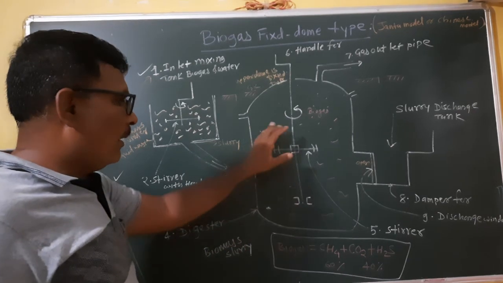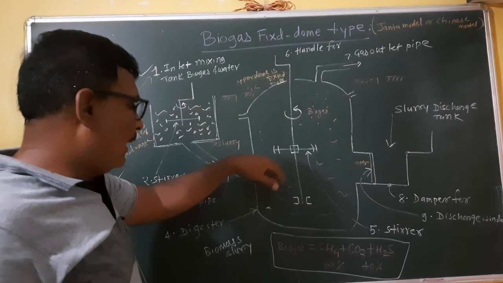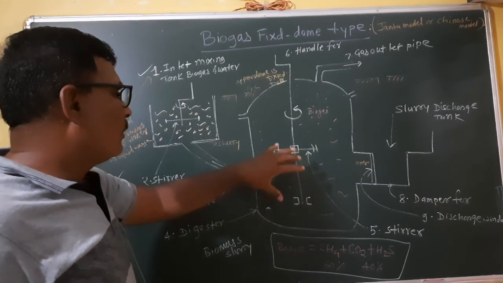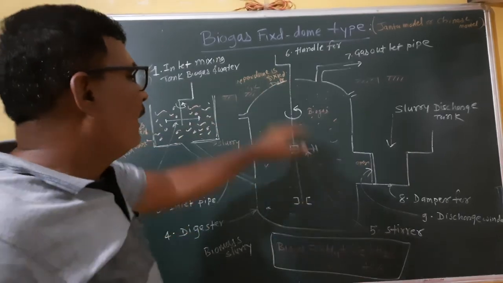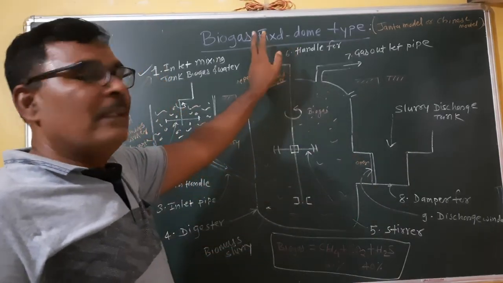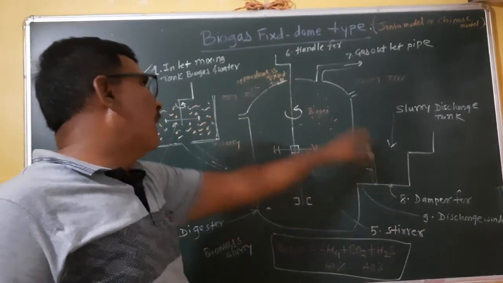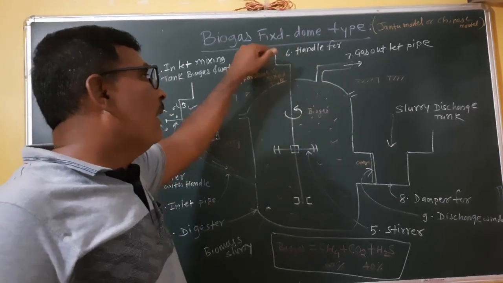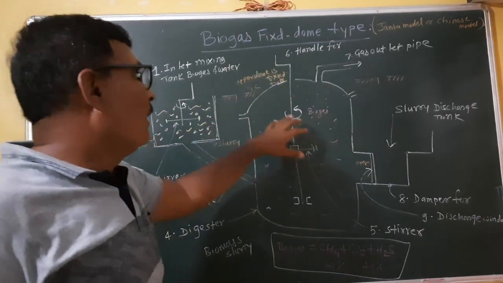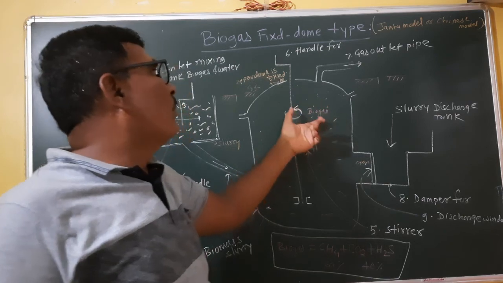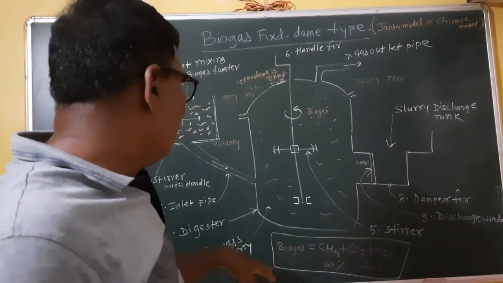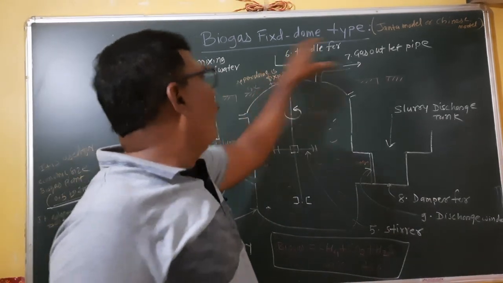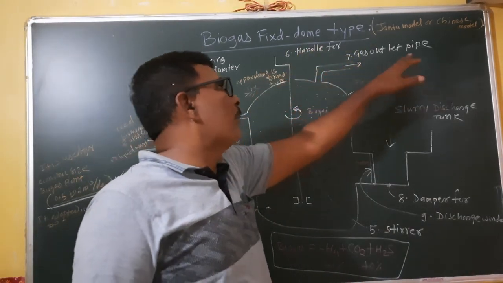And here all the biomass and slurry can be given to the digester tank, using a big handle. That is stirring again here, the fifth is the stirring, and the sixth one is the handle. That handle helps the liquid produce the biogas, and that biogas can be taken out by the gas outlet pipe.